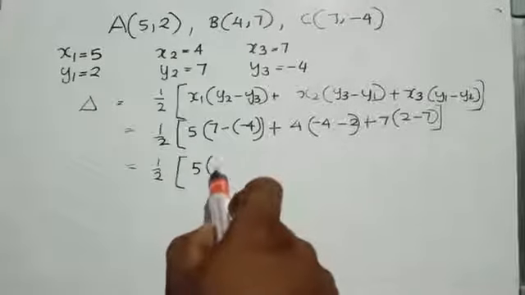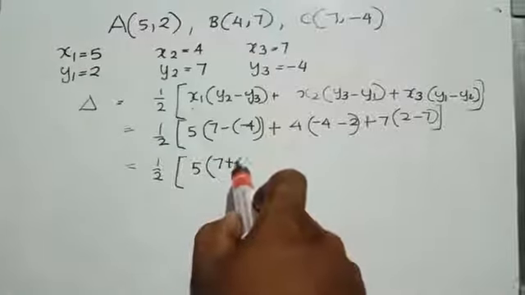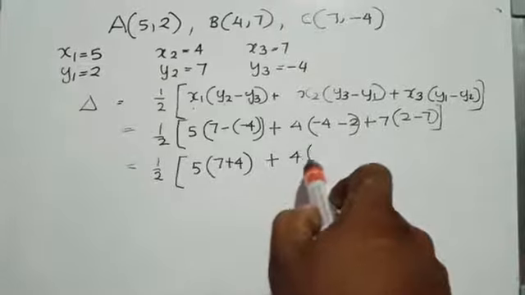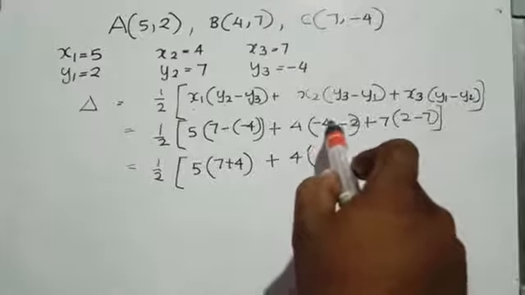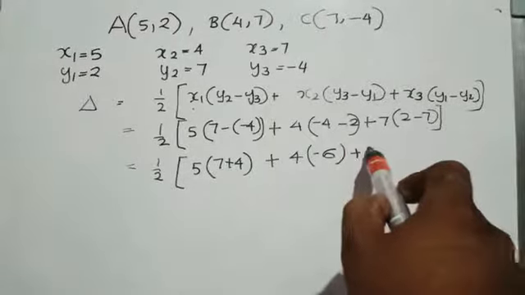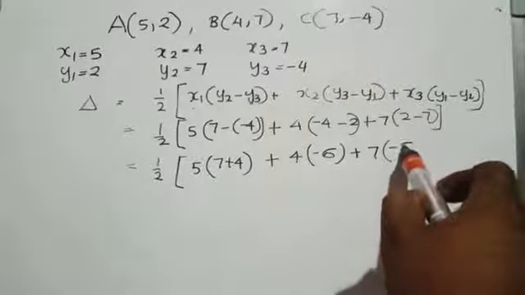5 into 7 minus into minus plus 4, plus 4 into minus 4 minus 2 is minus 6, plus 7 into 2 minus 7 is minus 5.